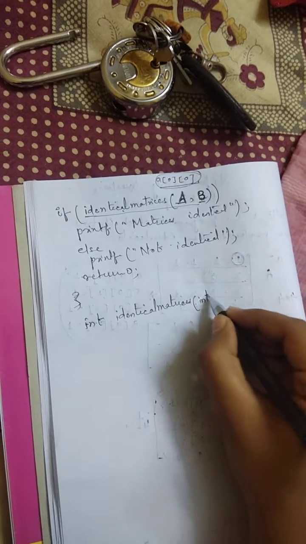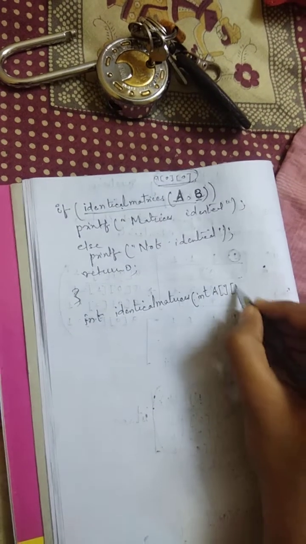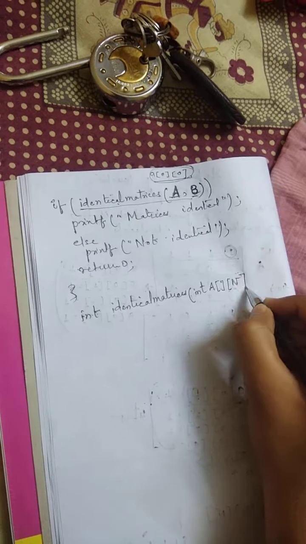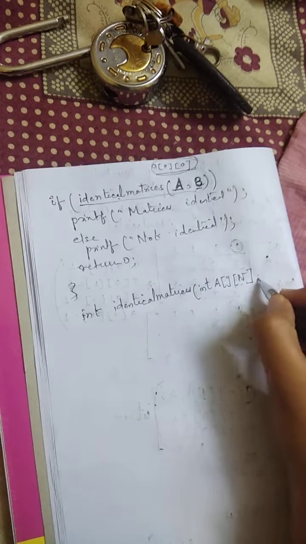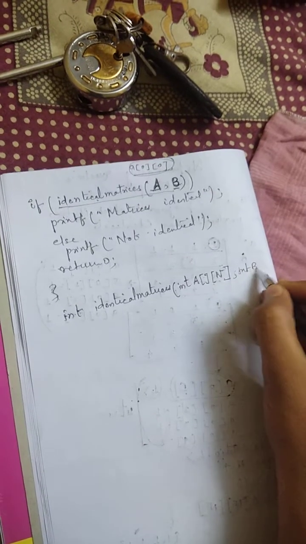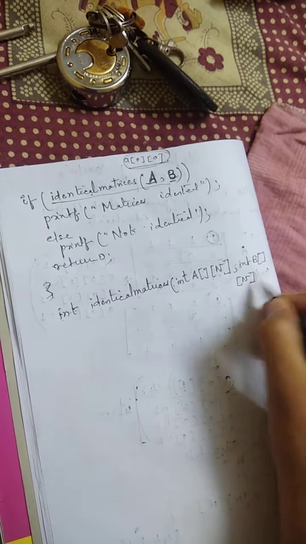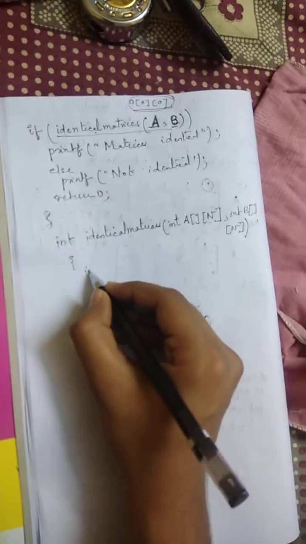Here we take integer A of n, and this will take 4. Similarly integer B of n.